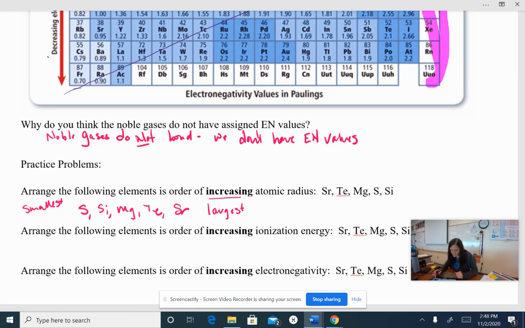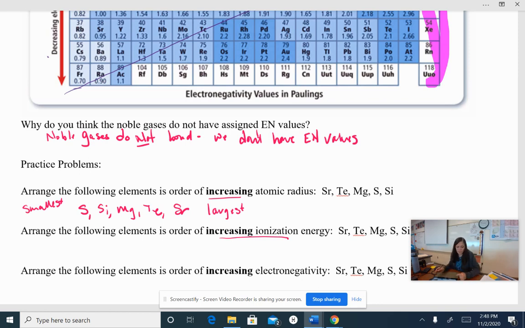Okay, we're going to do the same elements in terms of ionization energy. Now remember, increasing ionization energy is going to be exactly the opposite of radius. Remember, as the radius got smaller, the ionization energy got bigger. So could I take the same list and just flip it?